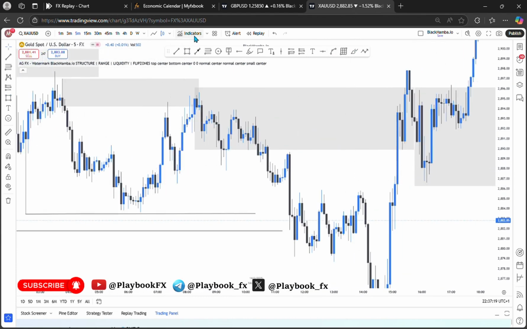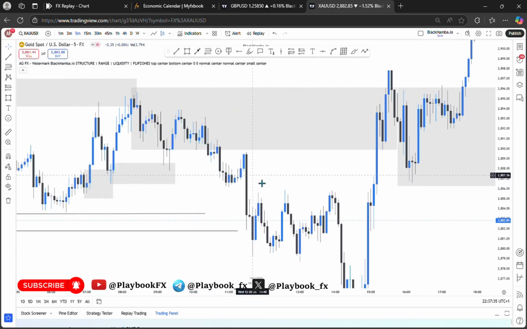If you follow mitigation from here, when price was retracing back to the upside, you see that price mitigates here. You had another mitigation here. Another mitigation here. This mitigation here. And this zone was supposed to be the last demand that price was supposed to respect.